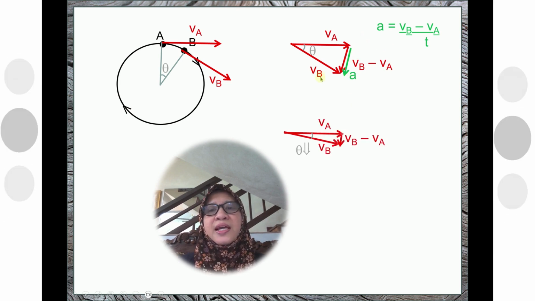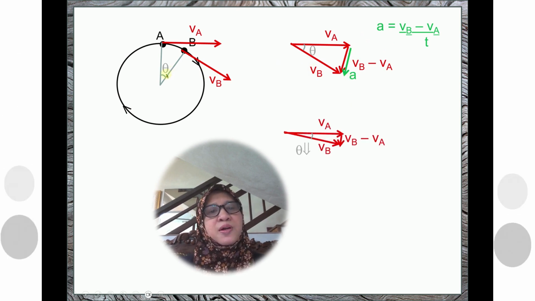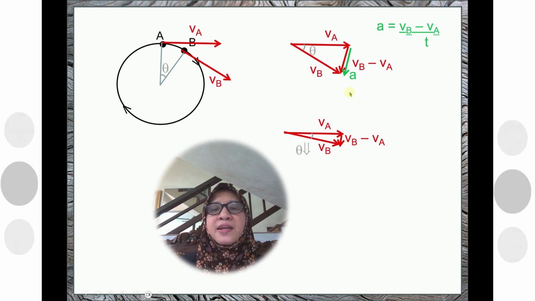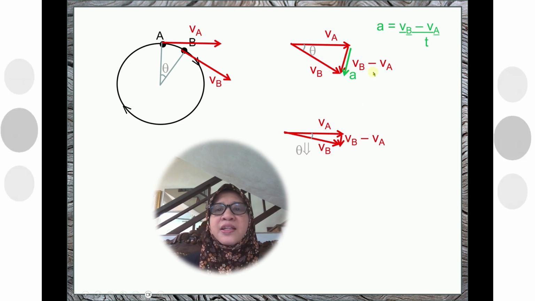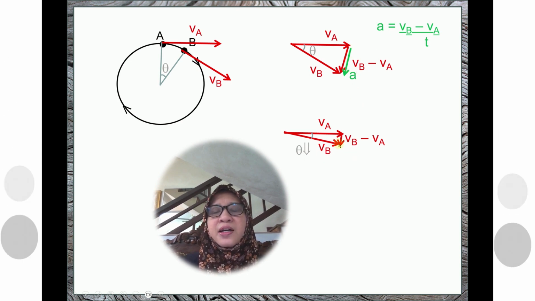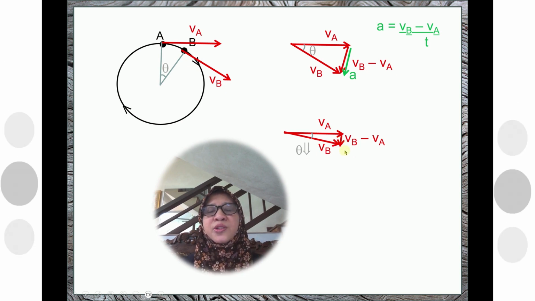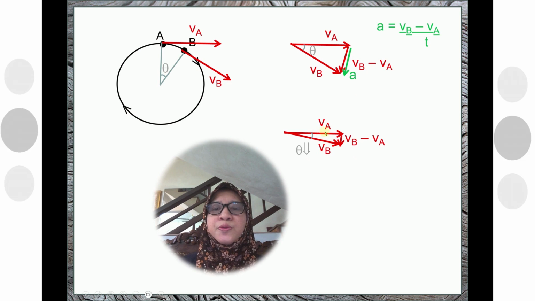For a small angular displacement, this theta, we find that VB minus VA approaches being perpendicular to VA.